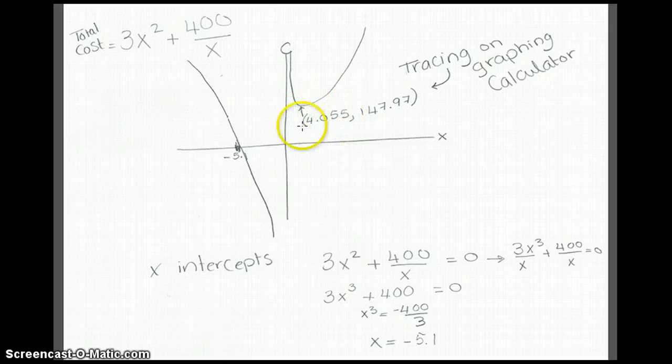If you said this value is 4, when you do a table, you plug in 1, 2, 3, 4, 5, and then you feel, oh, 4 is the minimum right here. It shows on your graph that it's around 4, but I traced on a graphing calculator and got an accurate answer. But if you say 4 and gave me a close enough answer, I will accept that when you do it manually. All right, I hope that helps. Thank you.